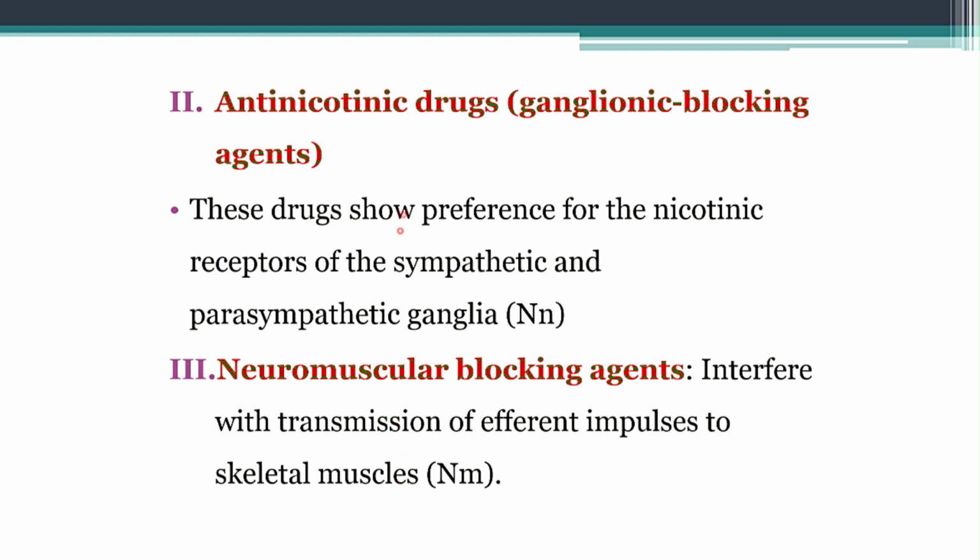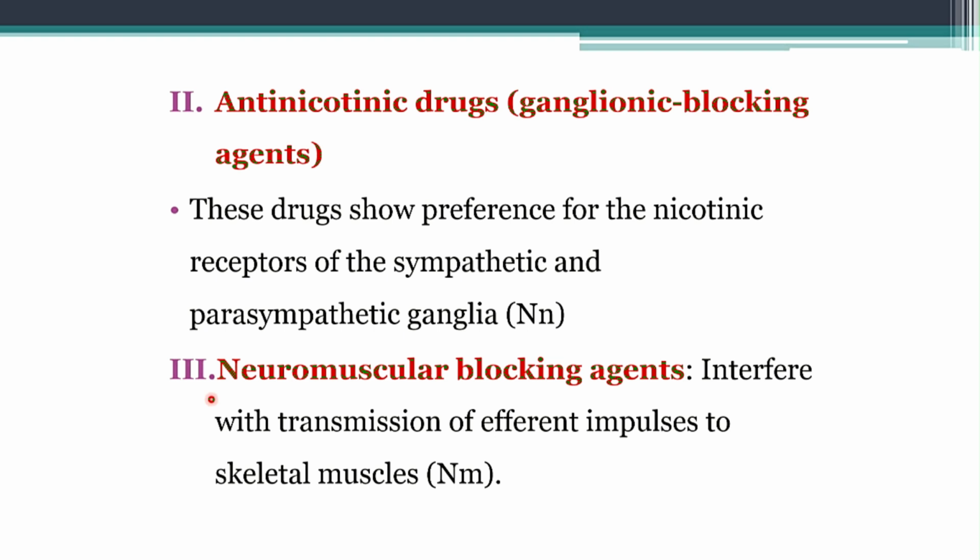Second, anti-nicotinic drugs, that is ganglionic blocking agents. These drugs show preference for the nicotinic receptors of the sympathetic and parasympathetic ganglia. They act on nicotinic receptors which are denoted as N sub N, which are specific for the ganglia.